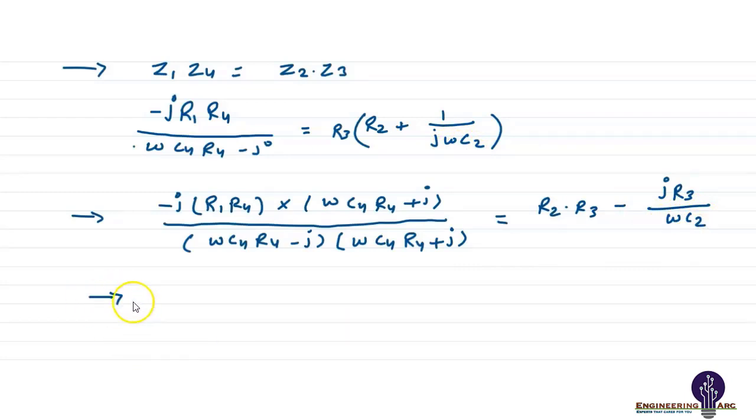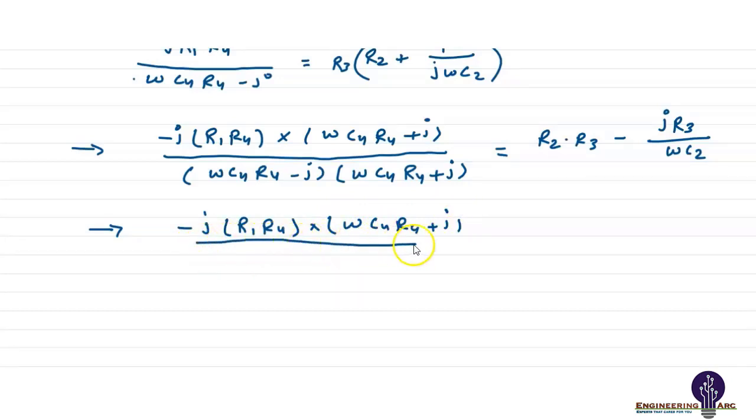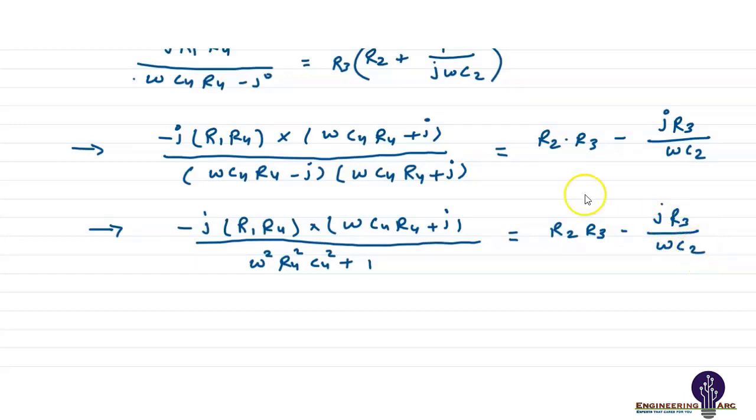Now by solving this equation, minus j R1 R4 multiplied by omega C4 R4 plus j upon omega square R4 square C4 square plus 1 equals R2 R3 minus j R3 upon omega C2.